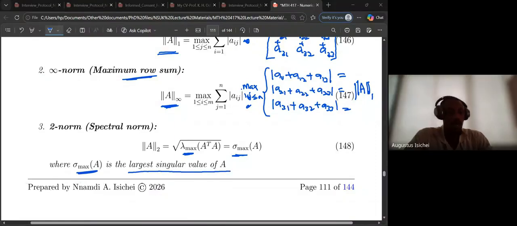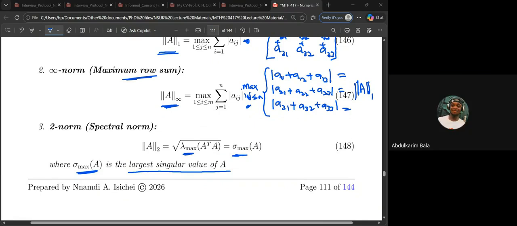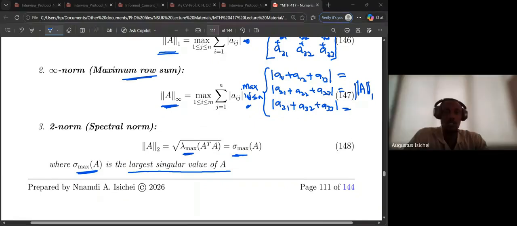When you look through the matrix, you look at all the values in the matrix A. Once you get the largest singular value of A, we refer to that value as the, what? The spectral norm.